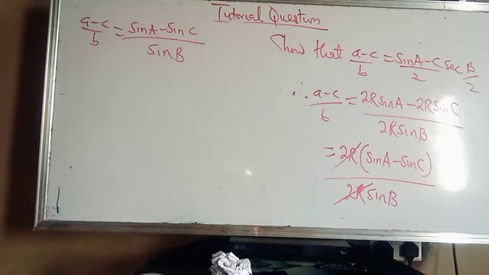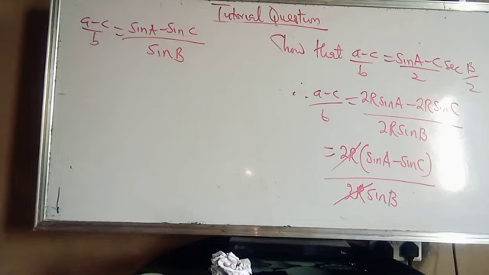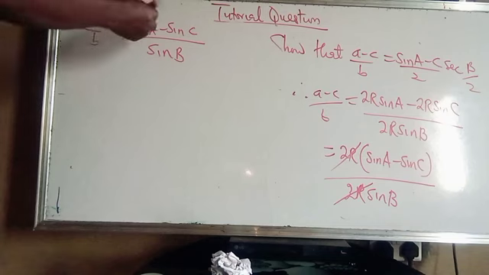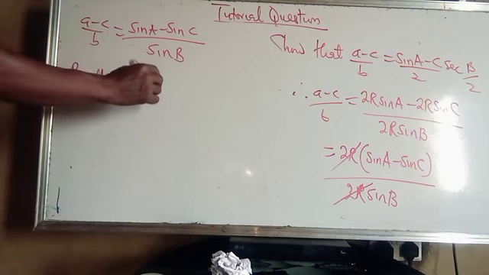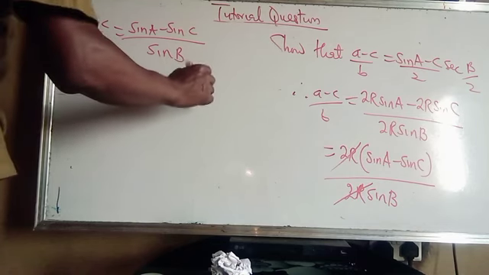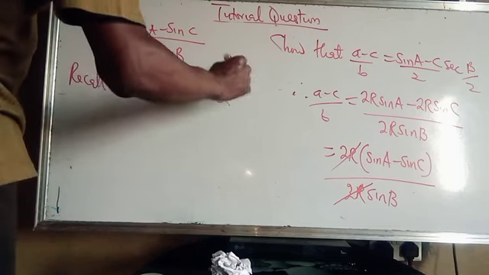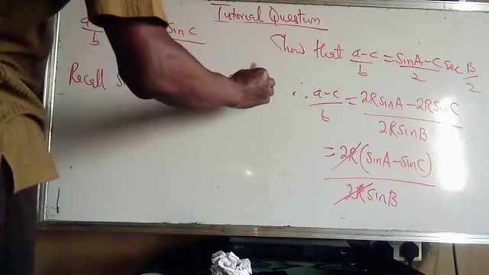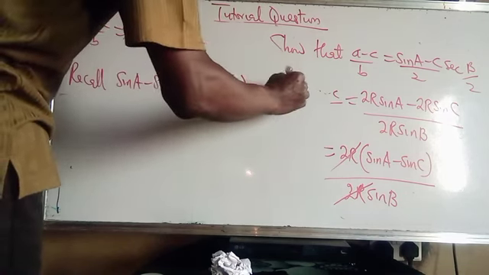Now, you could see that sine A minus sine C is the difference of angles formula, of sine A and sine C. Recall, sine A minus sine C will be 2 cos half into (A plus C), sine half into (A minus C).